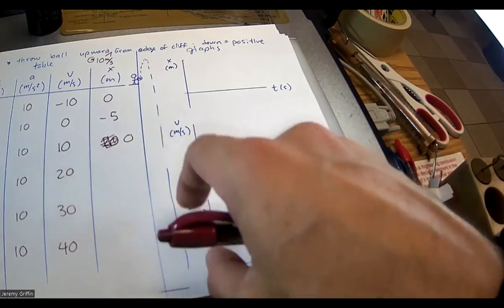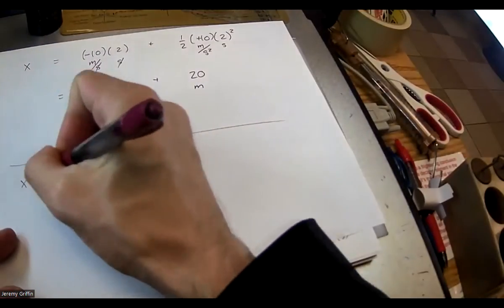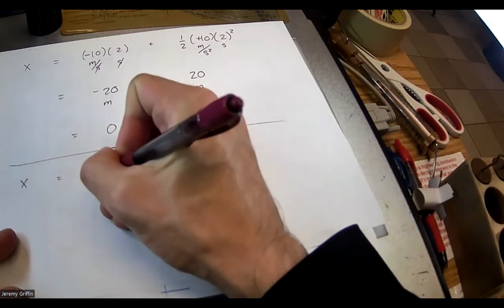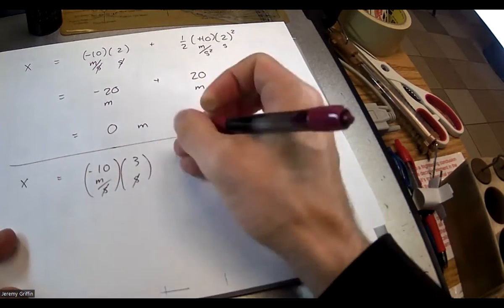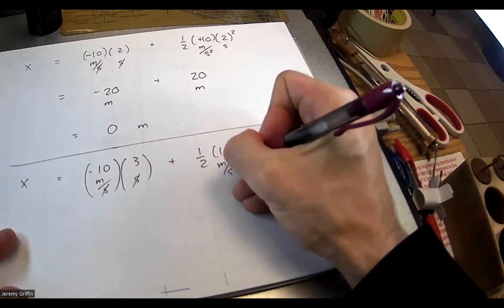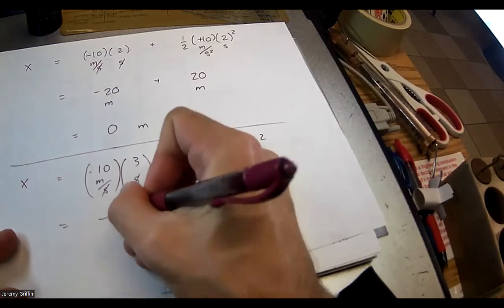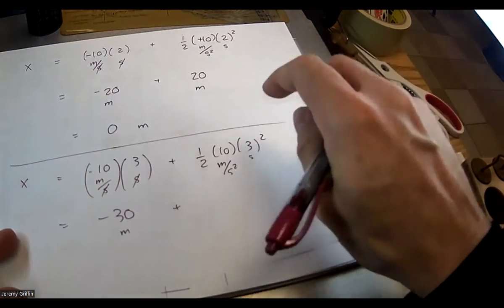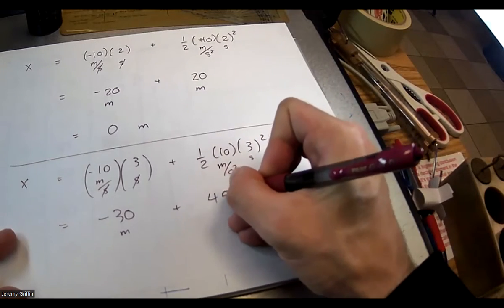Right, how about let's throw in another second. Let's go to 3 seconds. X equals -10 meters per second, 3 seconds, plus 1/2 10 meters per second squared, 3 seconds being squared. So that's -30 meters plus, see, 3 squared is 9 times 5 is 45.